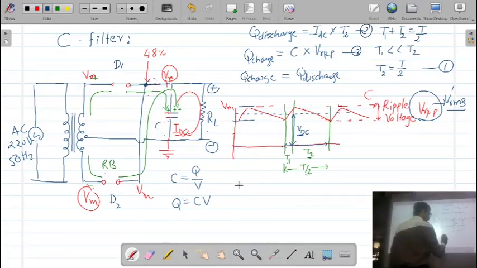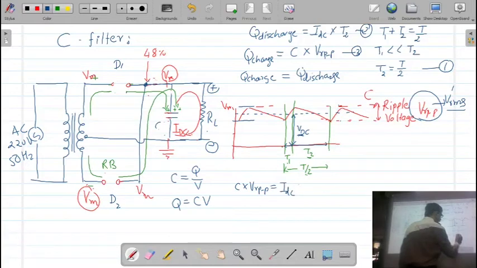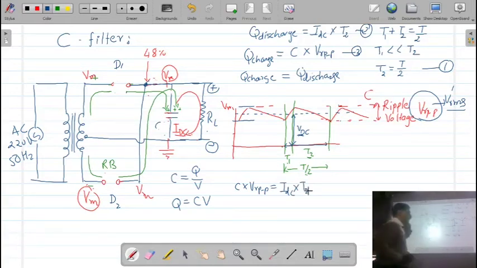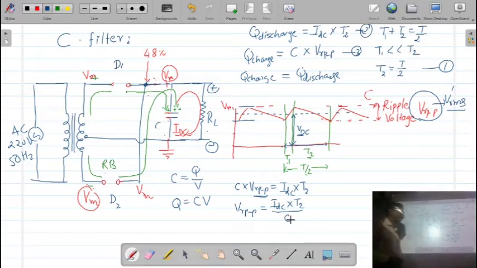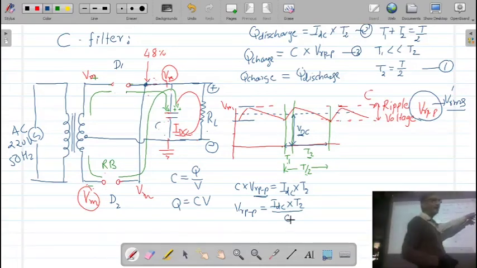So we can write that C into VR peak to peak equal to IDC into T2. Now remember, here we want to calculate the ripple factor, and for the ripple factor we have to find out the AC voltage. Therefore I am making this equation for VR peak to peak, and it is given as IDC into T2 divided by C.